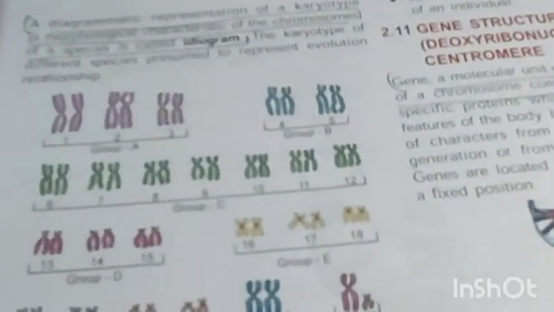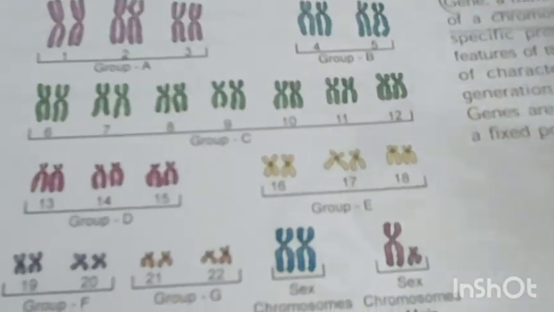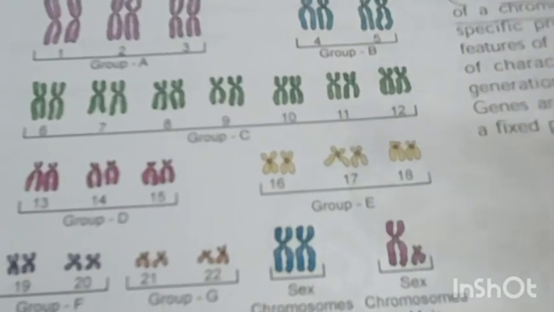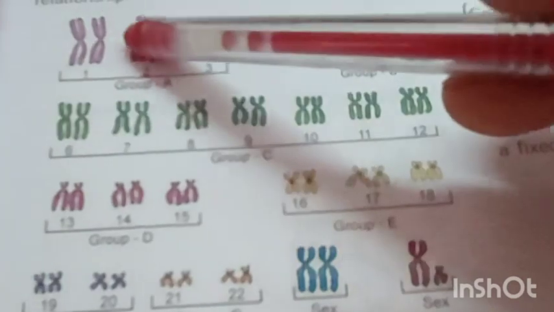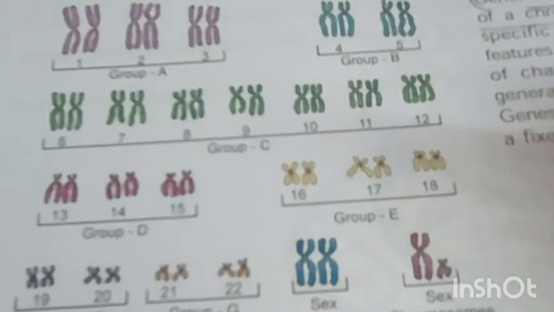Before discussing that, I have to tell you one thing: what is karyotype? Children, if you look at this diagram, as I have said, humans have a total of 23 pairs of chromosomes. Here the 23 pairs of chromosomes are given in pictorial format.